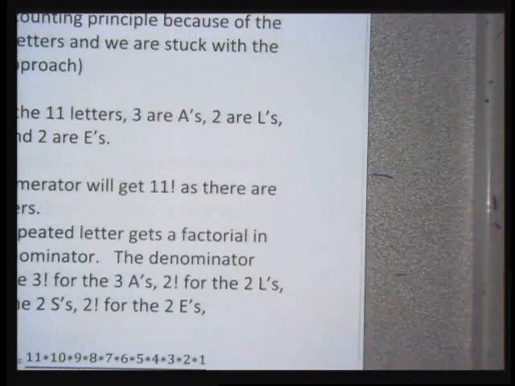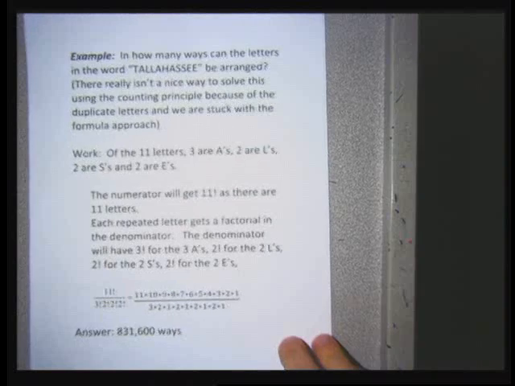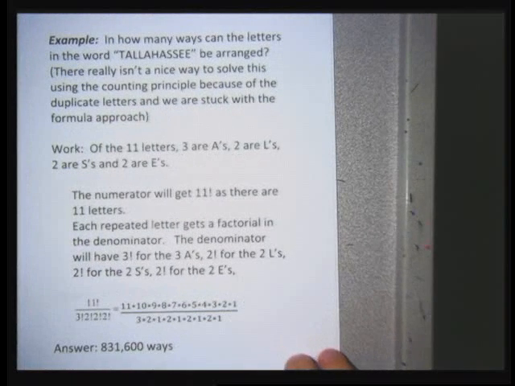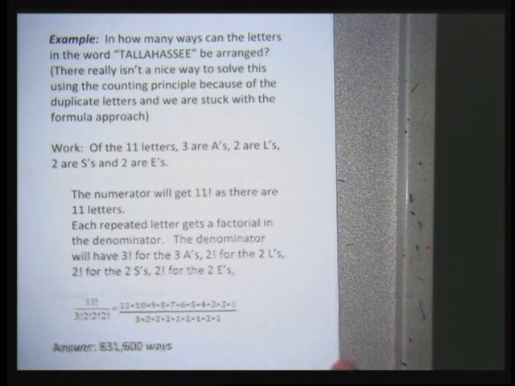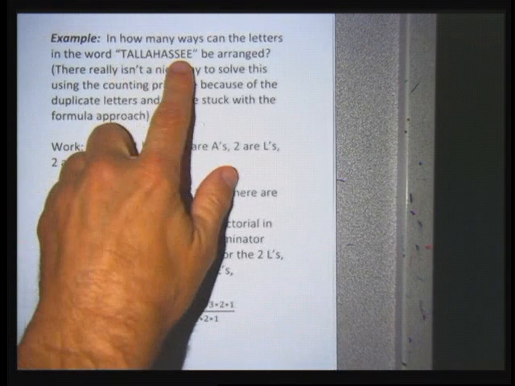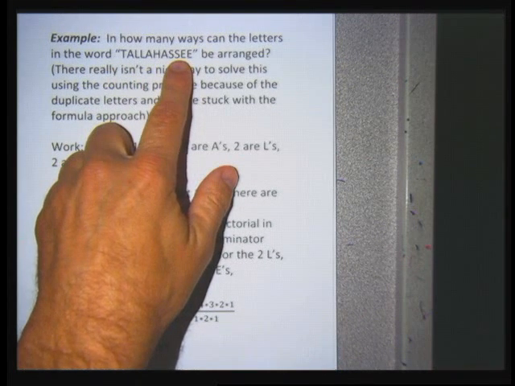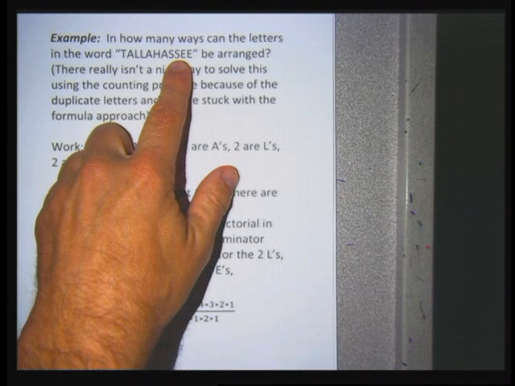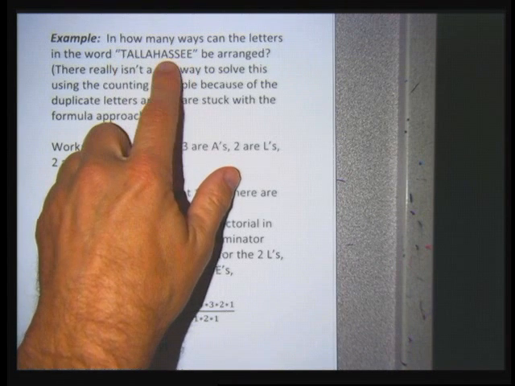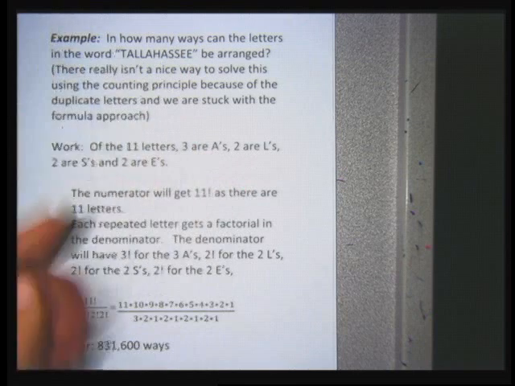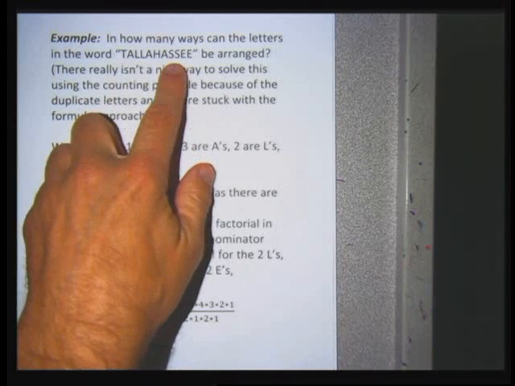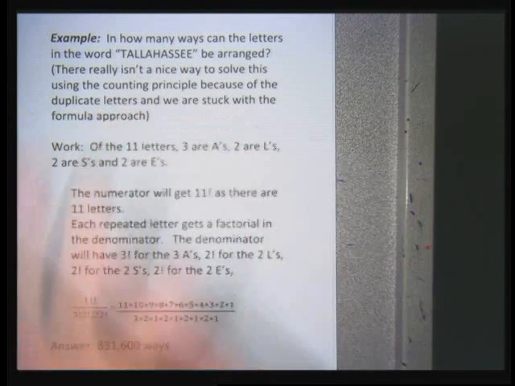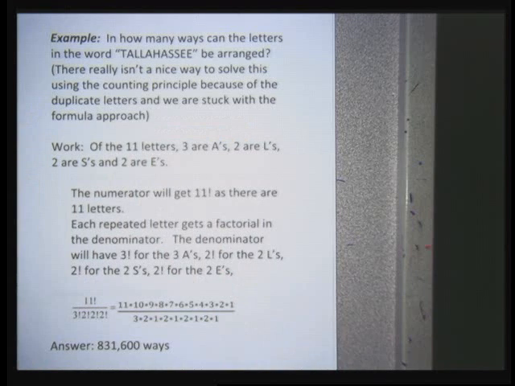All right, so now, instead of taking the letters in STARP or the letters A, A, and B and rearranging them, this one wants to know how many different ways we can rewrite the letters from Tallahassee. Because there's duplication, I first need to know how many letters there are. There are 11 letters in Tallahassee. So I want to rearrange these 11 letters into different orderings.